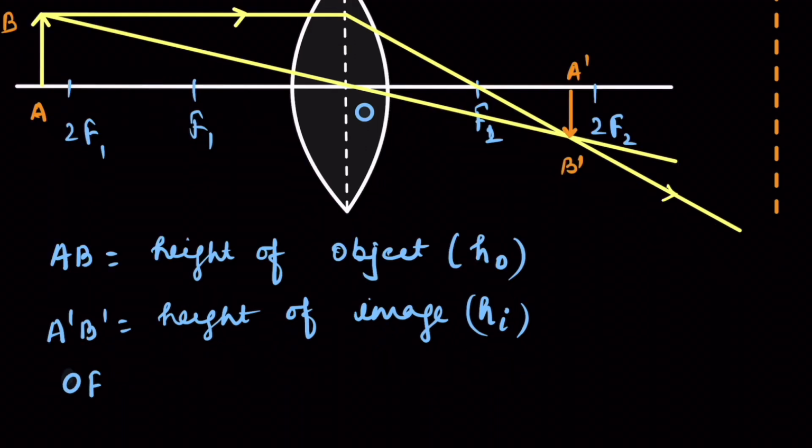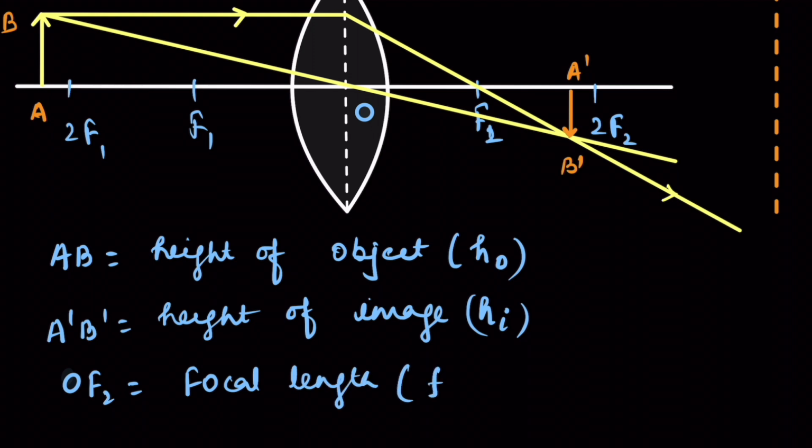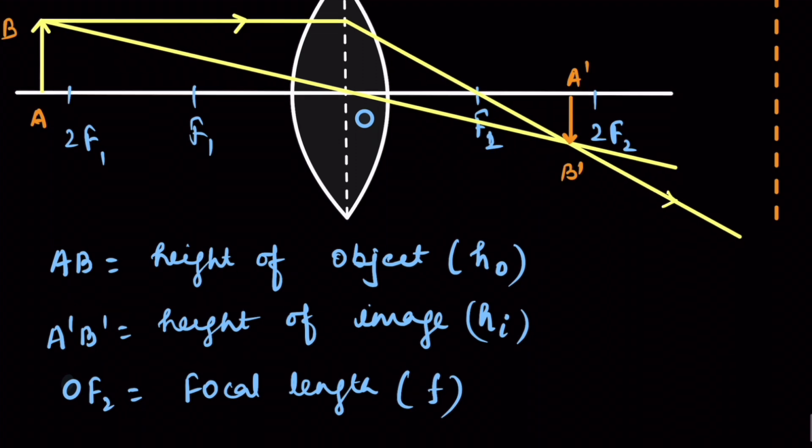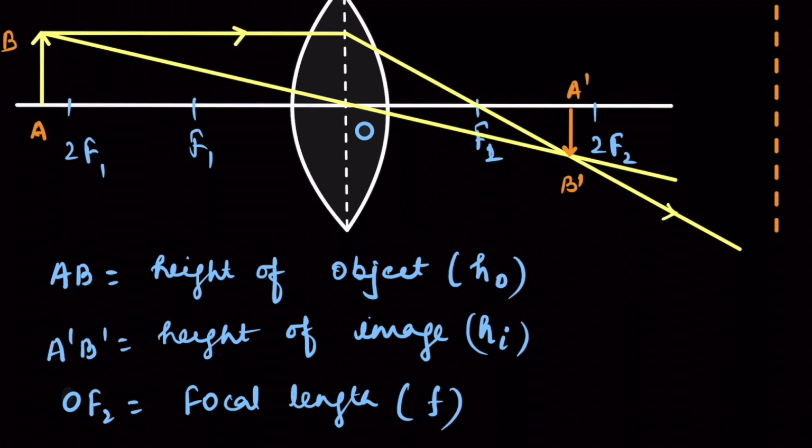OF2 is the focal length, which is represented as small f. So if we mark these three values first, this is height of object, height of image, and this is the focal length.